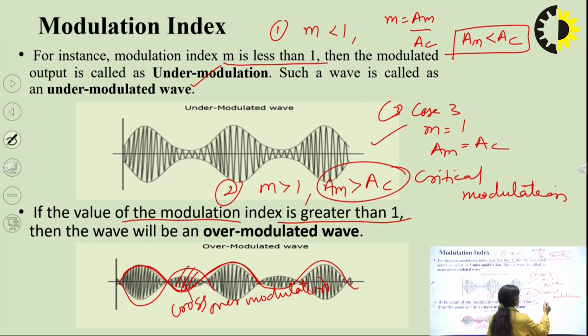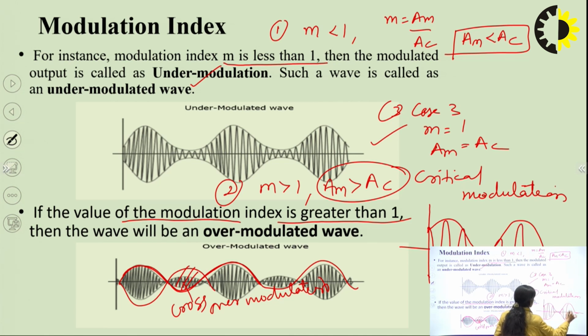So in critical modulation, I obtain the signal just touching the x-axis. So in this case, Am equals Ac. These are the 3 cases of modulation index.